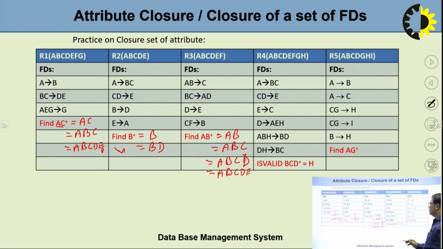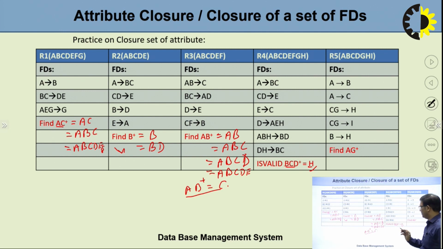In this case, you need to identify whether the BCD closure includes H or not. Listen carefully. For example, if I say that AB closure is equal to C, whether this statement is true or wrong, it is a valid statement, just because C can be identified on the basis of AB closure, which includes ABCD. So this statement can be true or false if we find that the BCD closure has the H attribute.